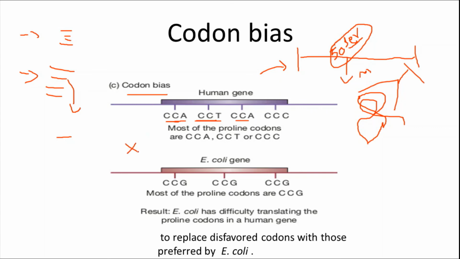How? When we clone a human gene in E. coli, the codon usage plays a role, because here CTT codes for proline, but the E. coli system considers CCG as proline. So when this gene is cloned in E. coli, the proline may not be encoded by this codon, with G instead of T. So this problem can arise. This is why you prefer cDNA for cloning, so you reduce this problem.